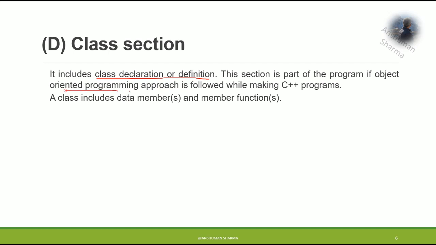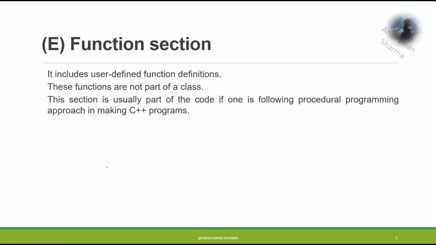Now if you're not following an object-oriented approach, or if you're simply writing a simple program to add two numbers, there is no need of a class, so this section cannot be seen there. A class includes data members and member functions, and you can see this in the particular program. The next very important part is the function section.